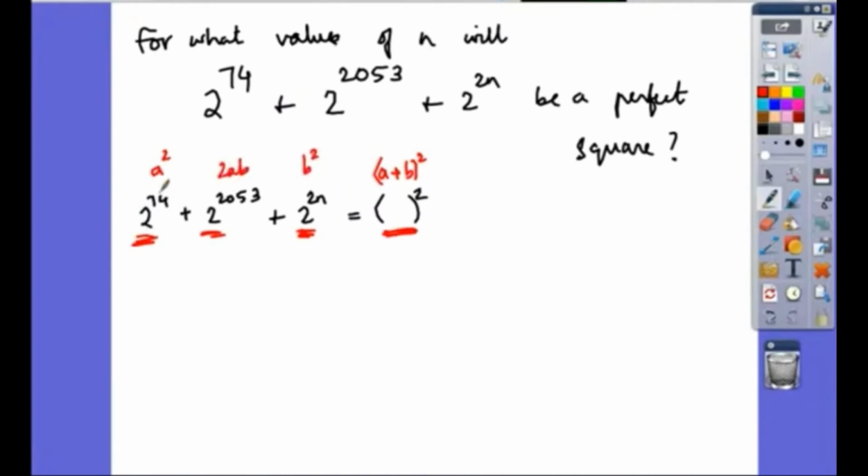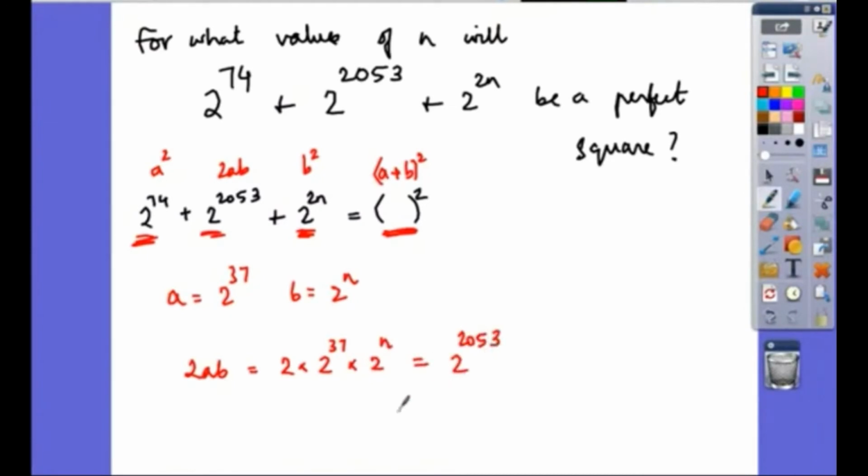When you compare these values, a square is 2 power 74, obviously a will be 2 power 37. b square is equal to 2 power 2n. That's 2 power n whole square, right? So b will be 2 power n. Now 2ab will be 2 into a, 2 power 37, into b, 2 power n, is equal to 2 power 2053.